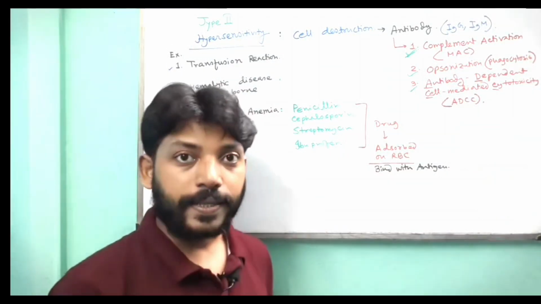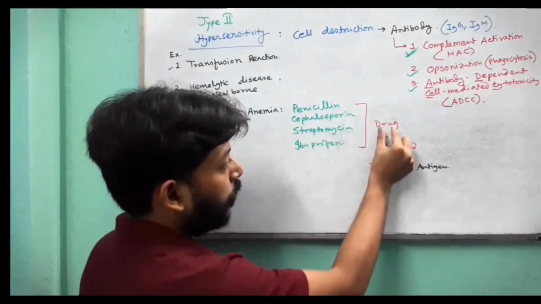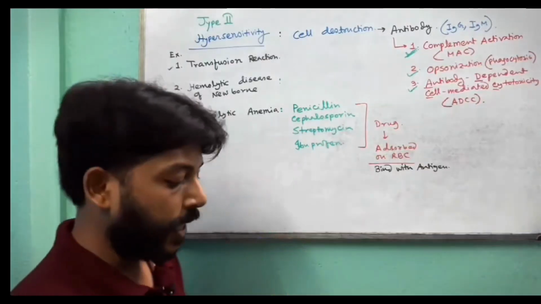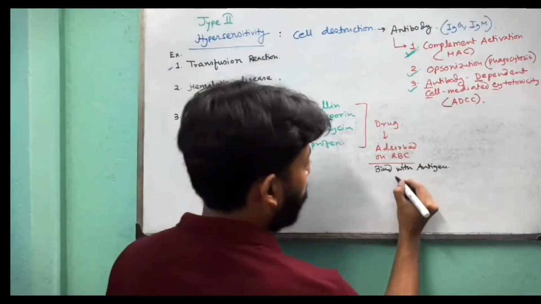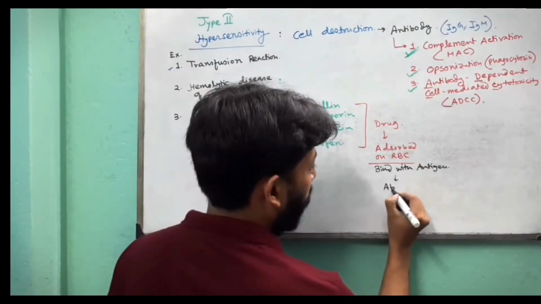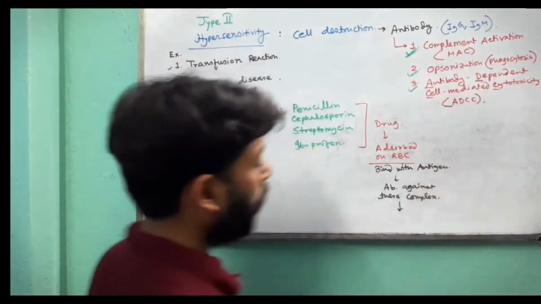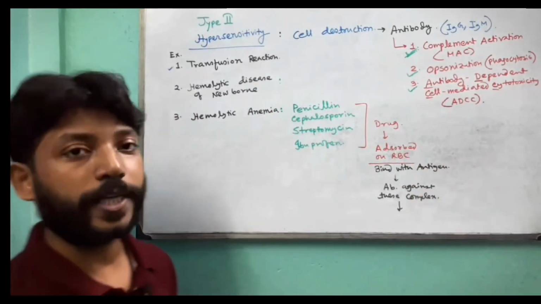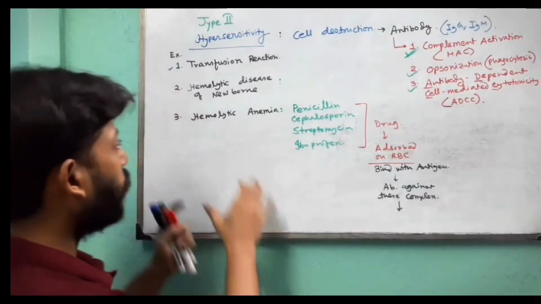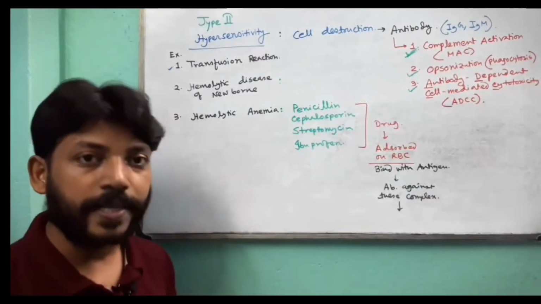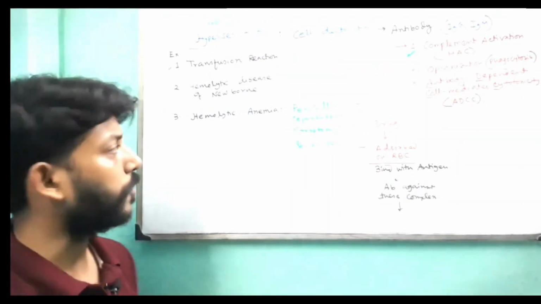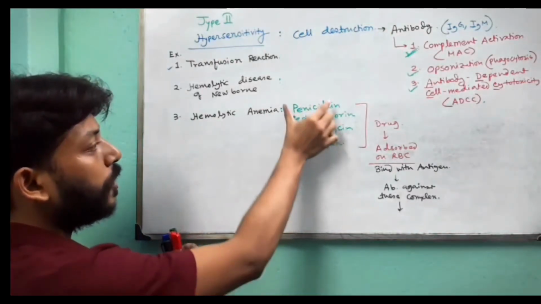Our B cell can recognize this drug and antigen complex and make antibody against this complex. Also, these three processes can occur: complement activation, opsonization and ADCC. By this way the RBCs are destroyed and anemia occurs. This is hemolytic anemia due to drugs.